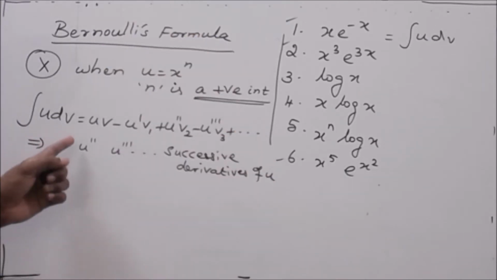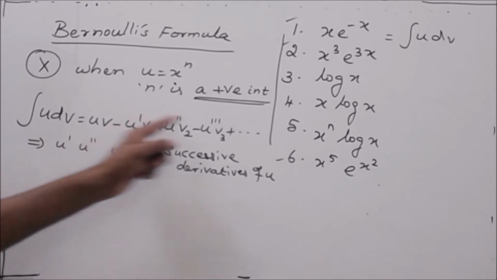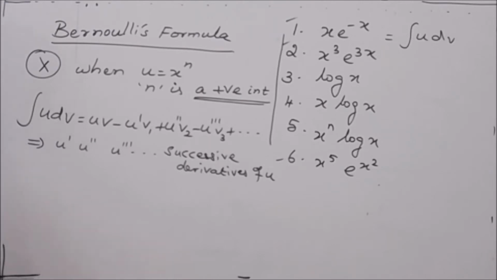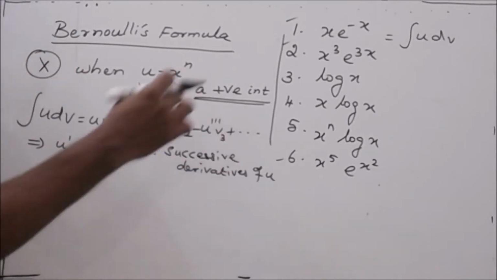Consecutively differentiate u once, u dash. This is the second derivative of u, this is the third derivative of u. You can differentiate as many times as required till the derivative of u becomes 0.